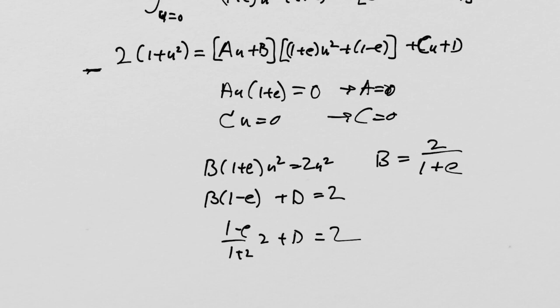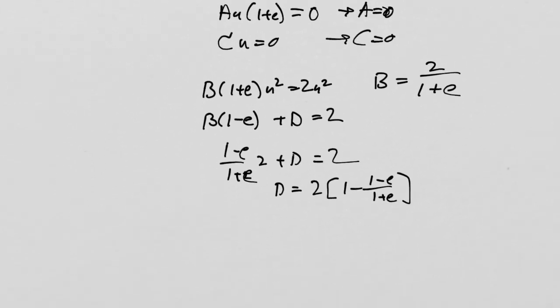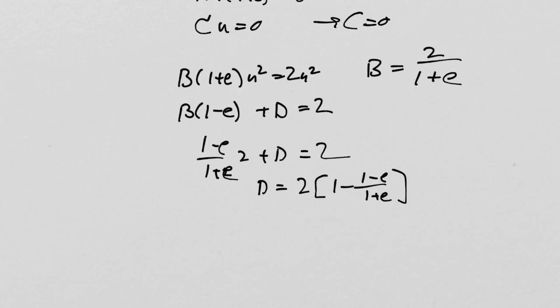So what do I do now? I have to say d equals 2 times 1 minus e over 1 plus e, something like that. That is, d times 1 plus e equals 2 times 1 plus e minus 1 minus e.